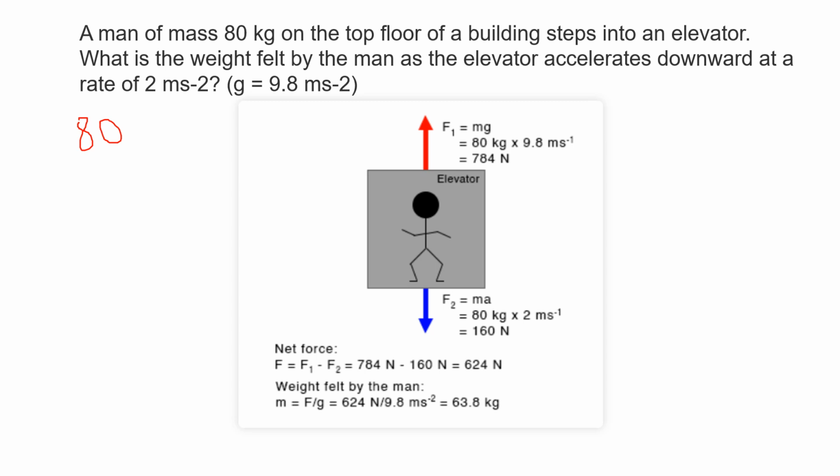According to Newton's second law, the force is given by F equals ma, our classic equation. Reaction force on the man by the elevator due to Earth's gravity is F1 equals m times g, which equals 80 kilograms times 9.8 meters per second squared, and this equals 784 newtons.